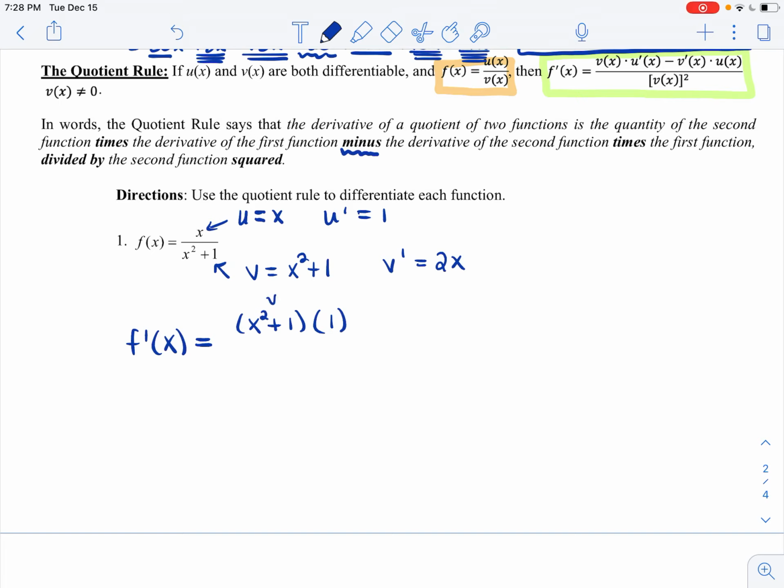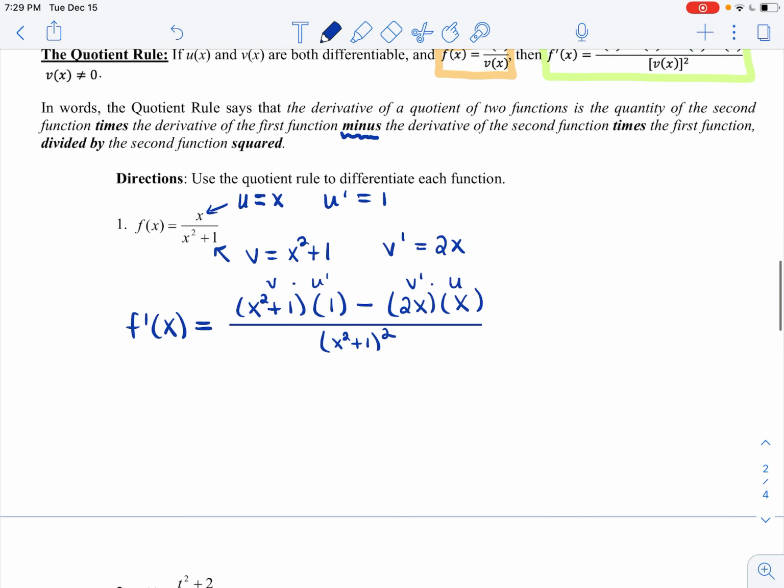So here's my v times u prime, minus the derivative of the denominator, which was 2x, times the original numerator, which was just x. So this is now v prime times u. This whole thing is going to be divided by the denominator, or the second function, x squared plus 1, squared.